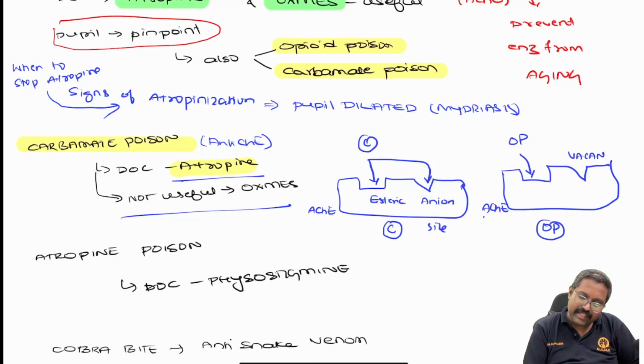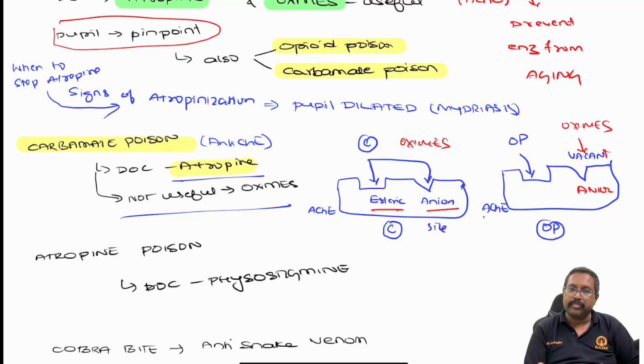To reactivate this enzyme, you will be giving the oximes. The oximes will come and attach to this vacant site, whereas oximes are not useful in carbamate poisoning because the ester site as well as the anionic site are already occupied.